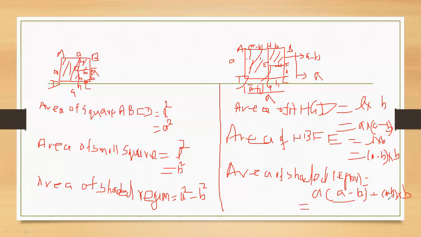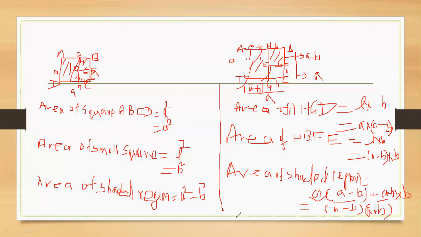This A minus B is the same, that's why we can take it common. If you take A minus B common, then what is remaining in the bracket? A remains, plus B remains, so A plus B is left in the bracket.